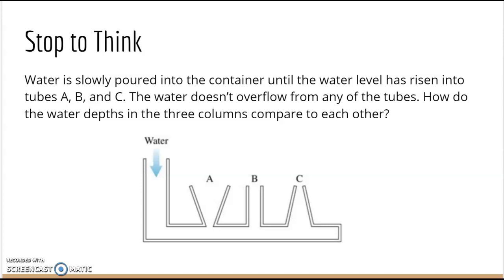Since these tubes are all open to the atmosphere, once the fluid has stopped accelerating and we are in hydrostatic equilibrium, all three containers will have the same depth of water. Even though they have different shapes and volumes, the pressures will all be the same. Therefore the heights will all be the same.